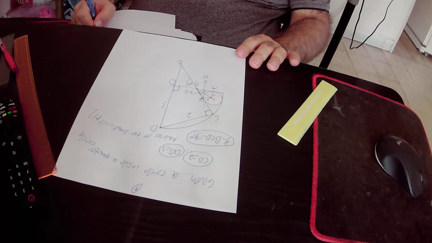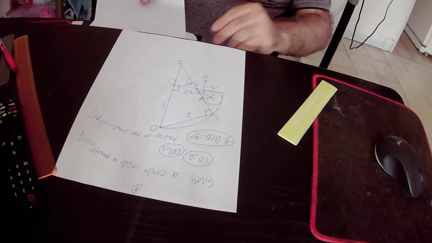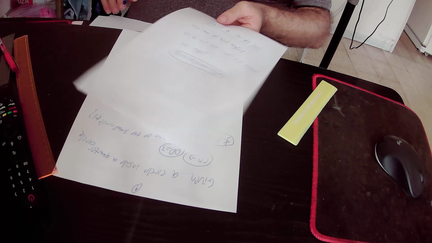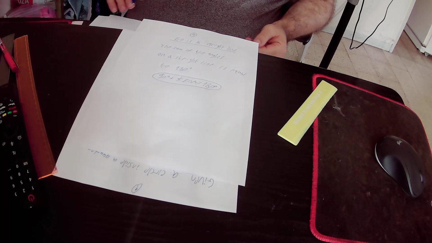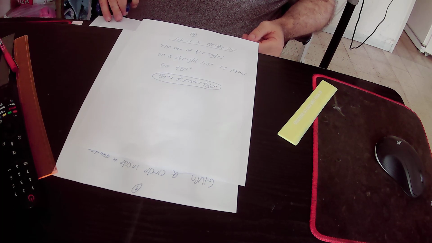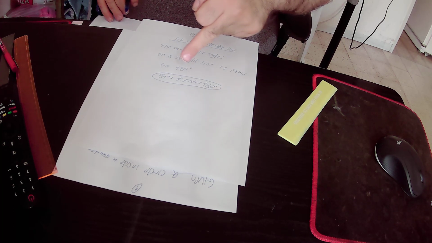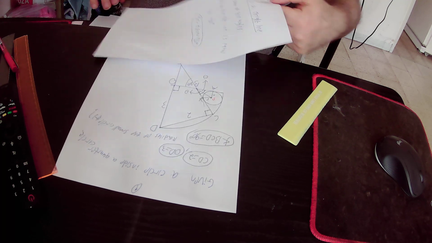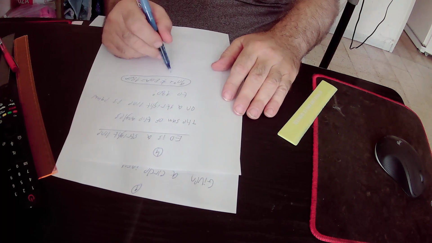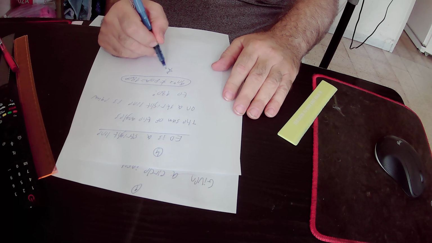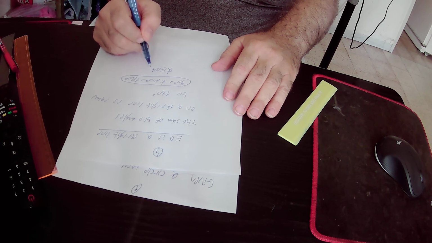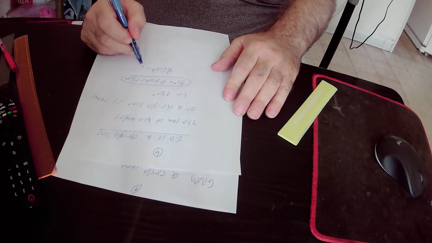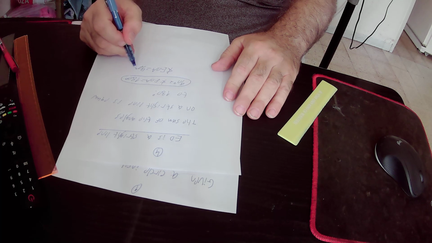So we subtract 90 degrees from this equality, and we get that angle EOA equals 180 degrees minus 90 degrees, which is 90 degrees.